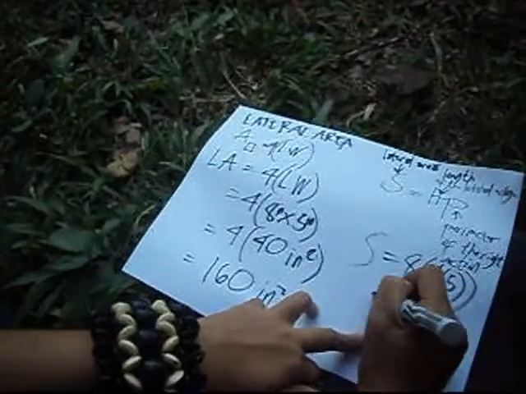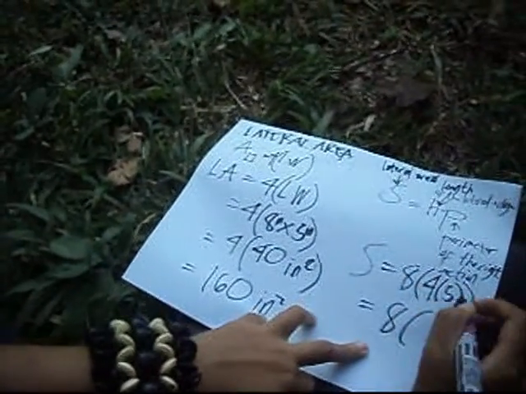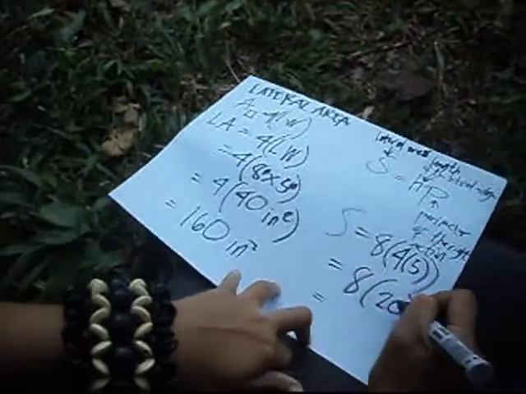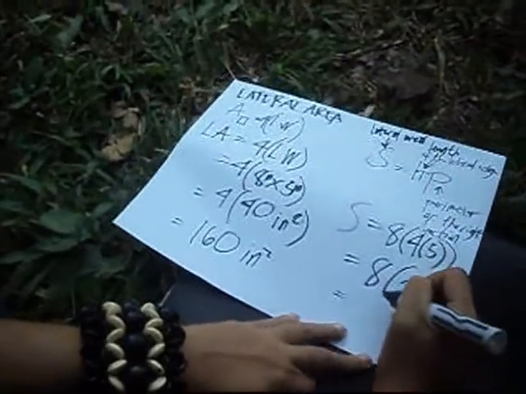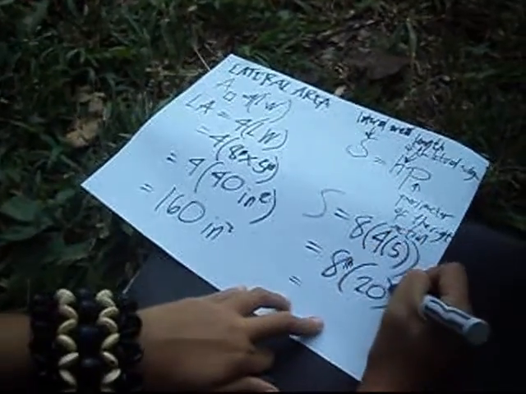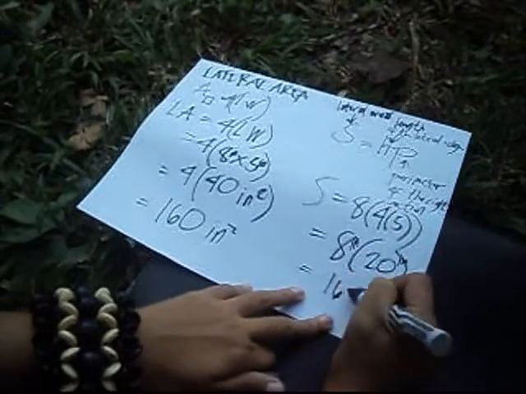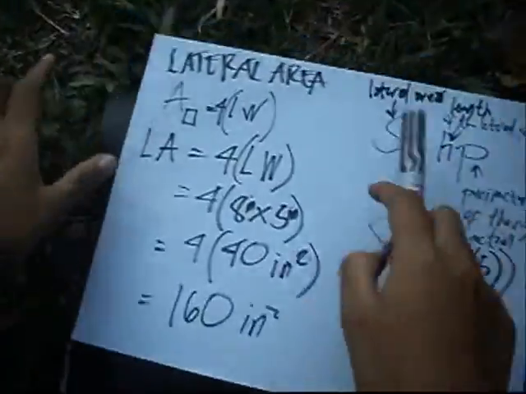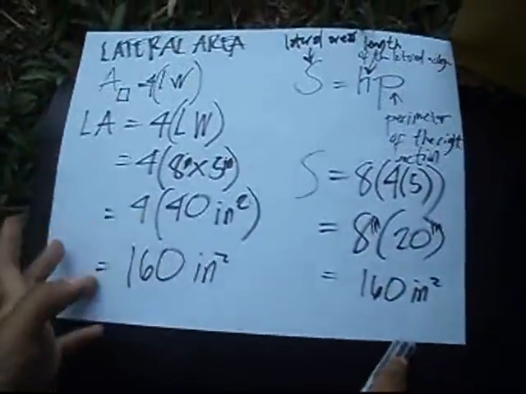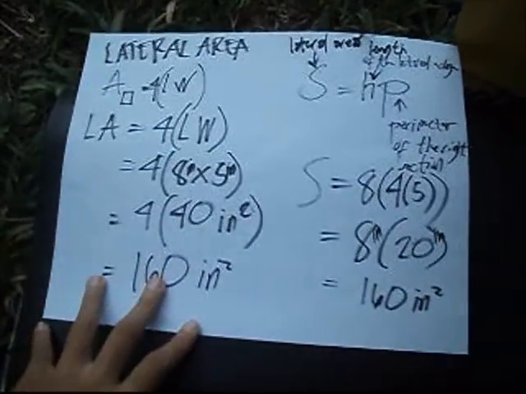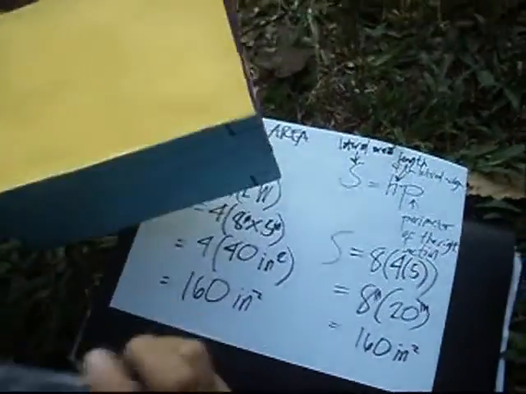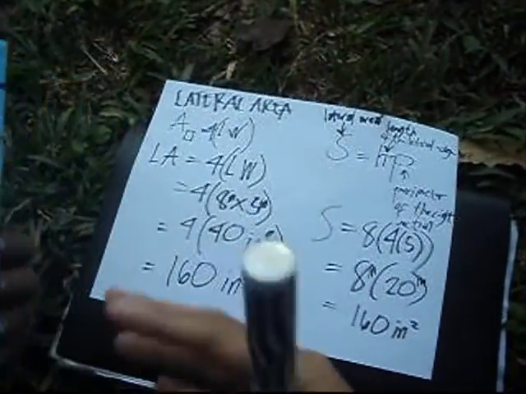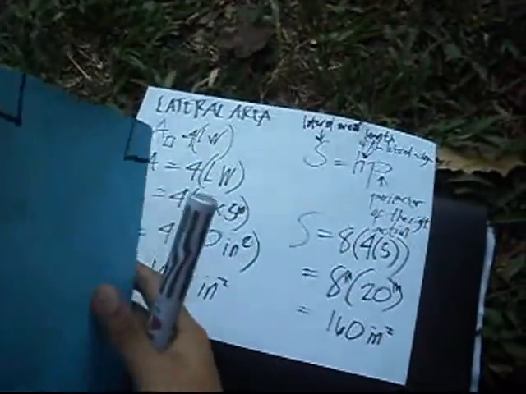This will be 8 times 20, so 8 inches times 20 inches. It will be 160 inches. So whatever formula we choose between the two, they will result the same. So the lateral area of our rectangular prism is 160 inches squared.